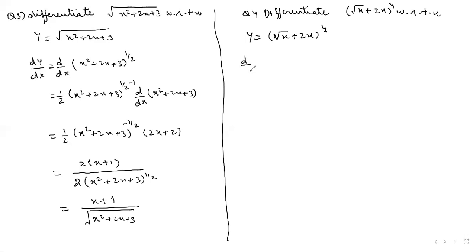Apply d over dx on both sides. We will apply 3 steps of differentiation onto this one. Write down power as a coefficient. Power is 4. So now 4 is the coefficient. Reduce the power by 1. And then we will multiply with the derivative of the base as a third step.